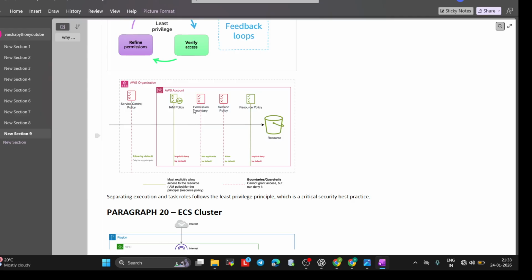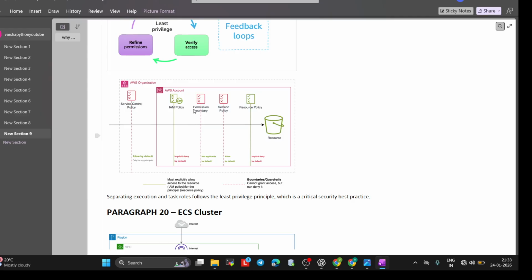In the context of ECS Fargate, this principle is applied by carefully designing IAM roles for ECS services, task execution, and application containers. For example, the ECS task execution role should have permission to pull images from ECR and push logs to CloudWatch, and it should not have access to database or storage services.